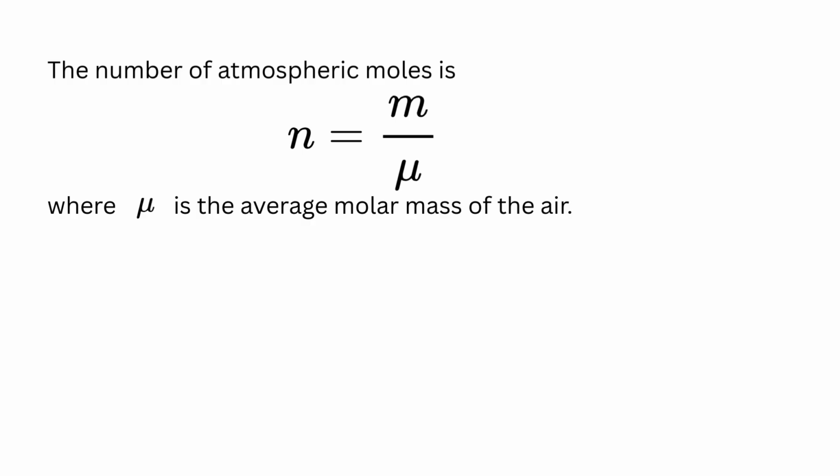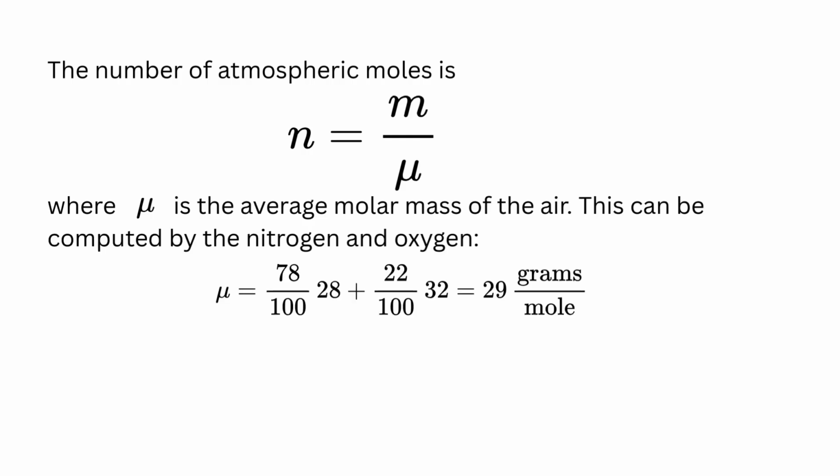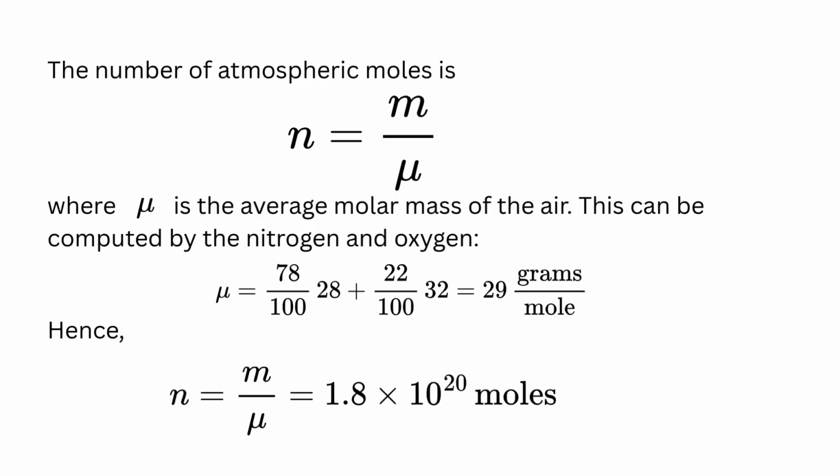Using the exact composition, we can compute the exact molar mass. However, since we only solve an approximate problem, we will set it to be 29 grams per mole as computed by using the nitrogen and oxygen only. Hence, we find that the atmosphere has 1.8 times 10 to the power of 20 moles of gases.